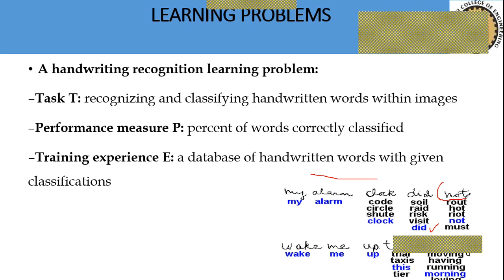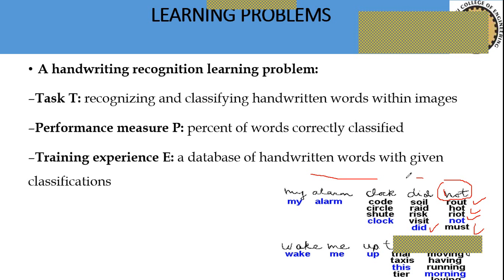And finally we have to recognize or classify this last word, that is "not". Not again looks similar to rout. It may look like hot because it looks like H. It may look like riot, it may look like not, or it may look like must. So which one is correct?